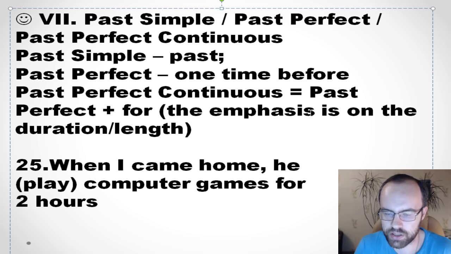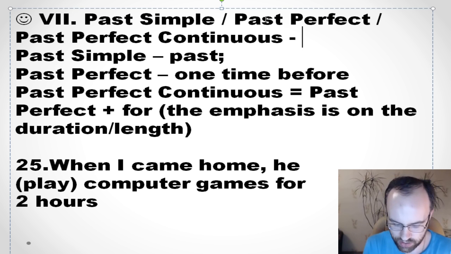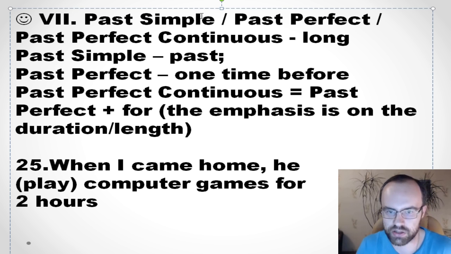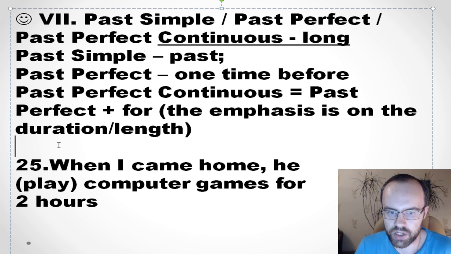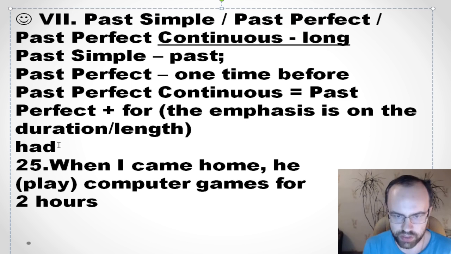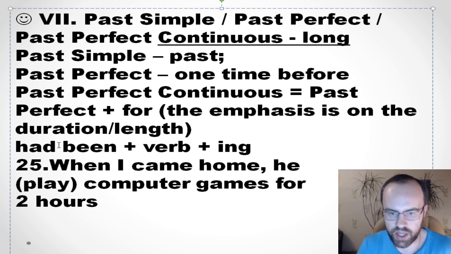Continuous means long. It's a long action, okay? Good. And we form it this way. Had been plus verb plus ing.